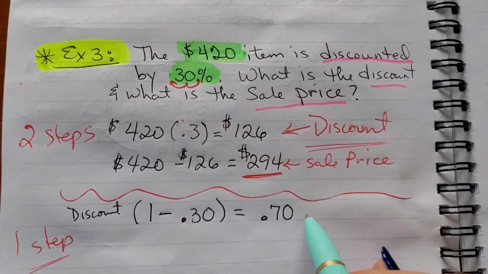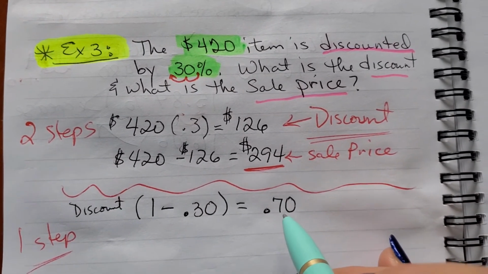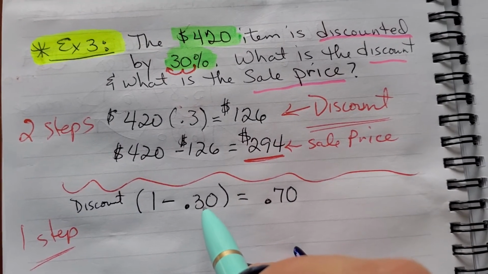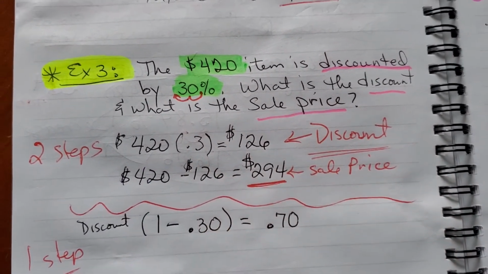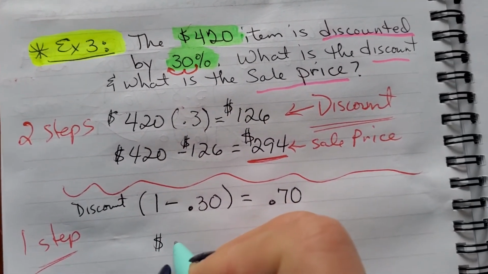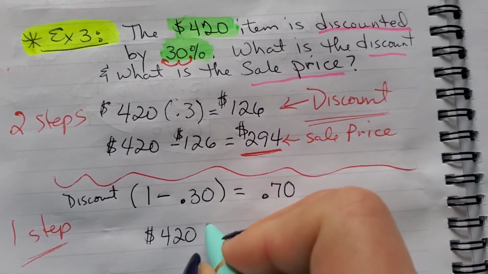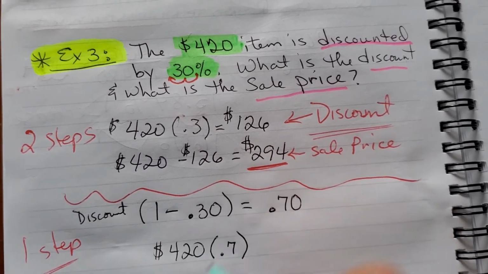That is all we have to pay. So that is the discounted amount. We only have to pay 70%. If we're taking off 30%, we only have to pay 70% of that total price. So in this case, all we have to do is take the original starting amount, $420, and we multiply that by 0.7 or 0.70.